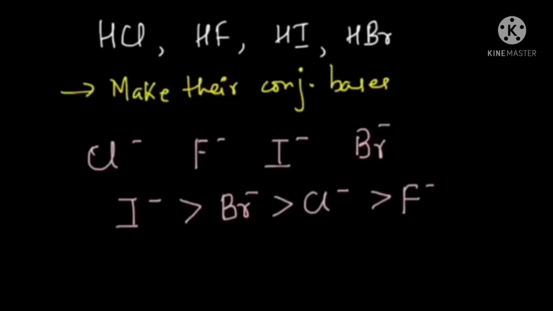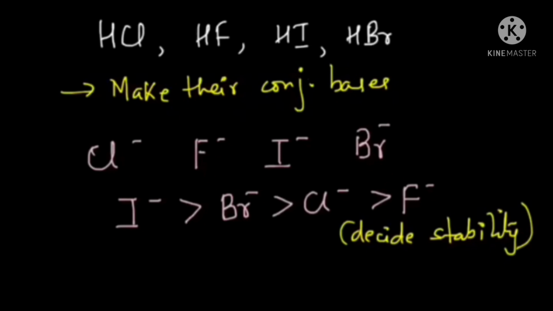Okay, so the second step is to decide the stability. Now here is the interesting part. If the conjugate base is stable, the acid will try to form more of the conjugate base, right?